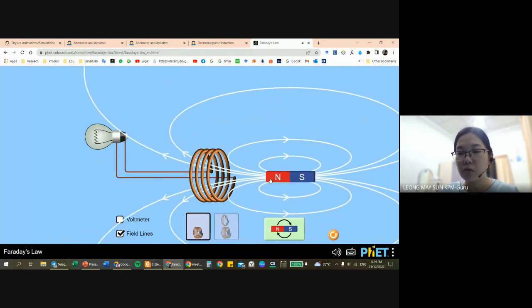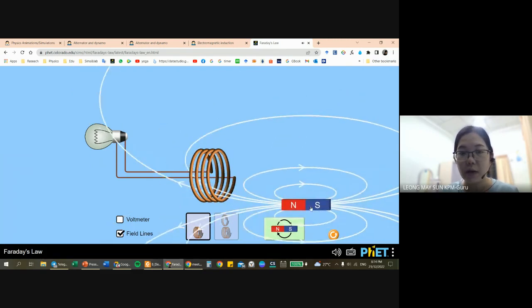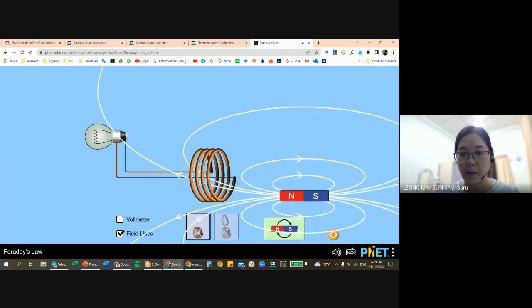The more magnetic field lines the conductor cuts, the stronger the induced current produced. So if you see over here, this is very, very weak because it's very far away from the permanent magnet. The magnetic field lines that this conductor cuts through are very few.